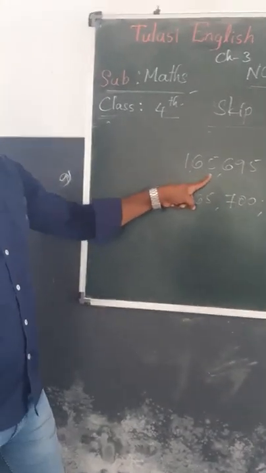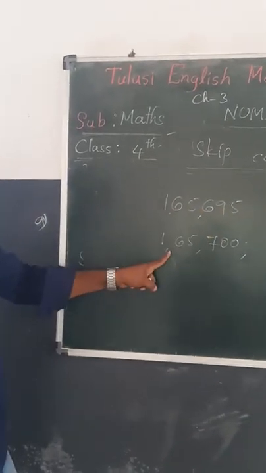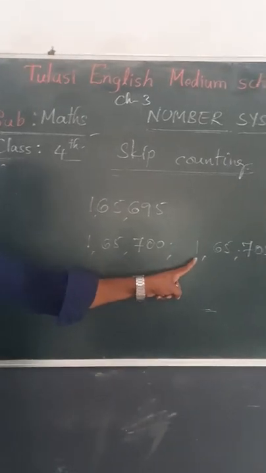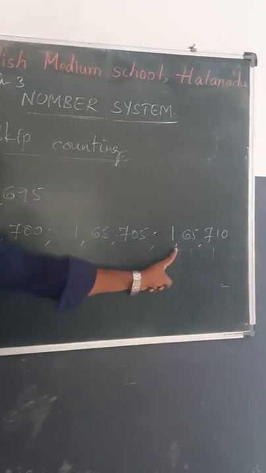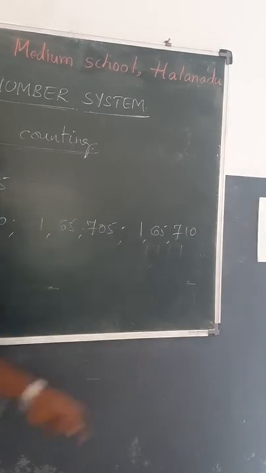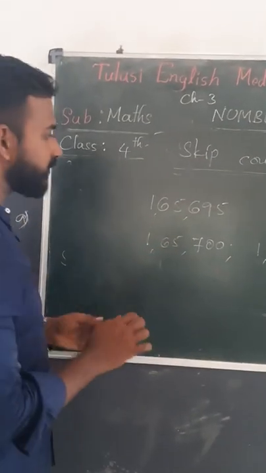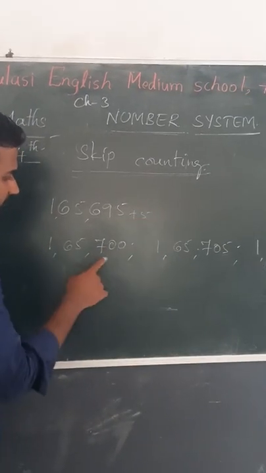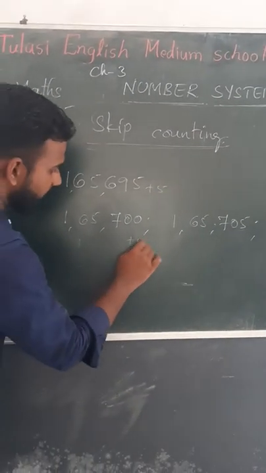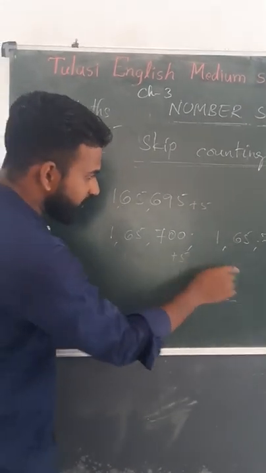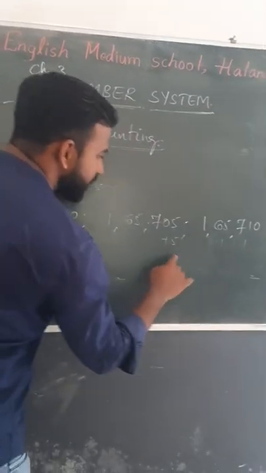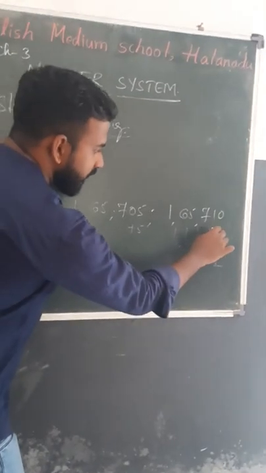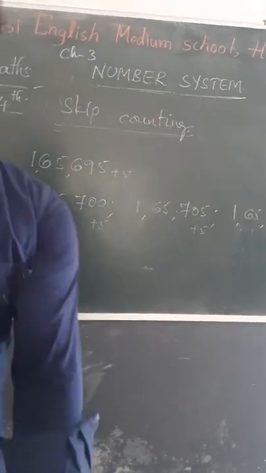Say 1,65,695, 1,65,700, 1,65,705, 1,65,710. It means skip counting means I added 5 here. When we add 5 to this number, we will get this number. So you can skip by any number, but the difference should be same.